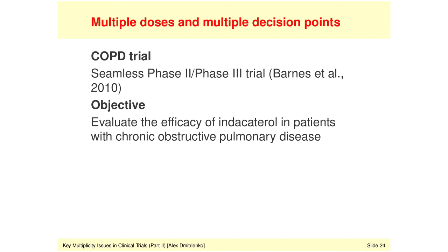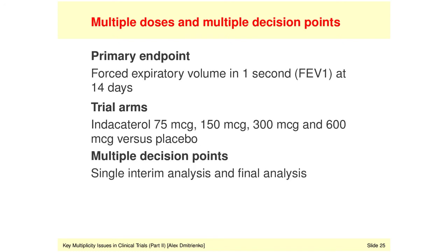And the objective of the study was to evaluate the efficacy of multiple doses of an experimental treatment that are defined on the next slide. Those doses were 75 micrograms, 150 micrograms, 300 micrograms, and finally 600 micrograms compared to placebo.